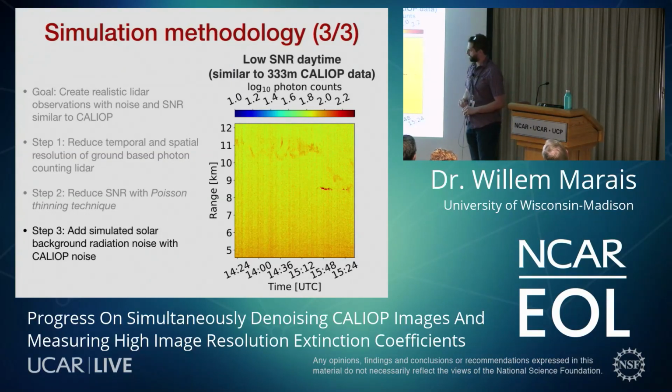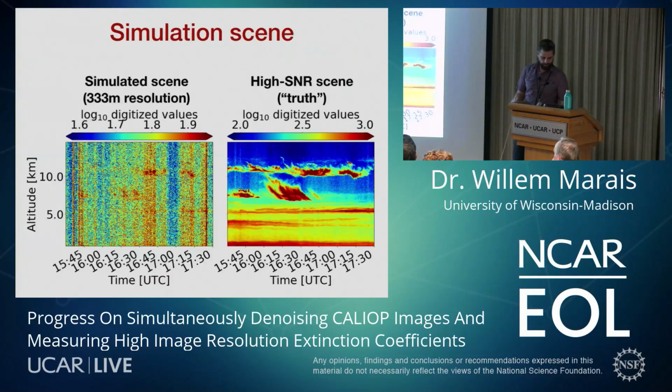So now with the low SNR image, we have high solar background radiation. Even though we use the ground-based lidar instrument to make the simulation, meaning it's up-looking, not down-looking, it's still valuable for us to use this data set to evaluate the performance of our methodology. So let me move to the results.